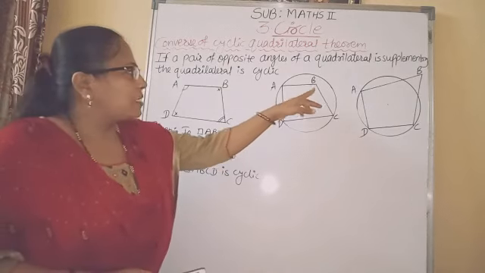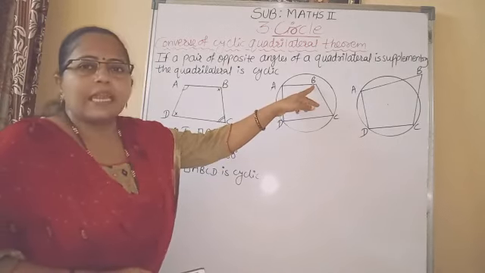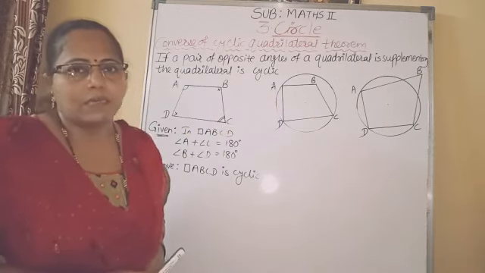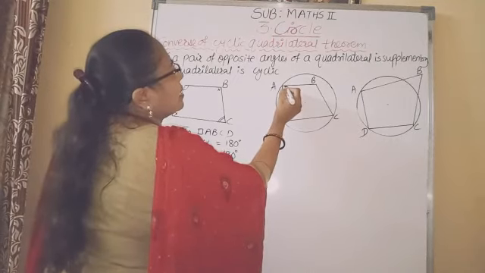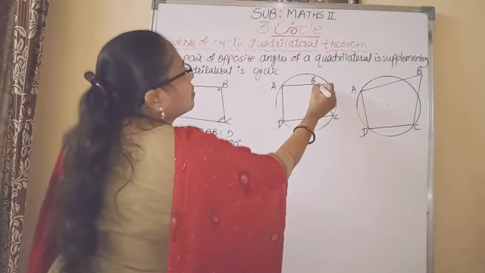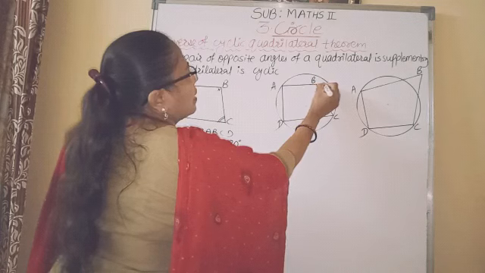So let us try the first possibility. First possibility is point B is in the interior of the circle. Okay. So let us extend this side AB.